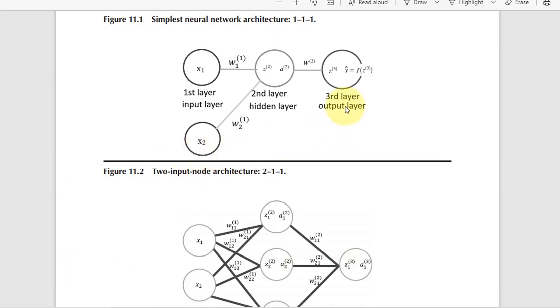But we can also use this notation y hat and say that it's the predicted value. That's what y hat usually means in statistics. It means the predicted value. We could label it as A3 up here, or we could label it as y hat.